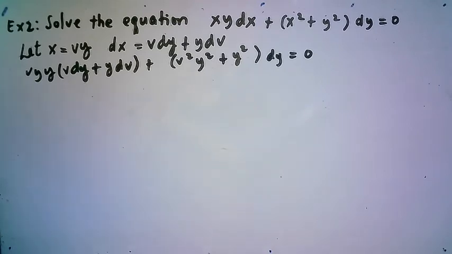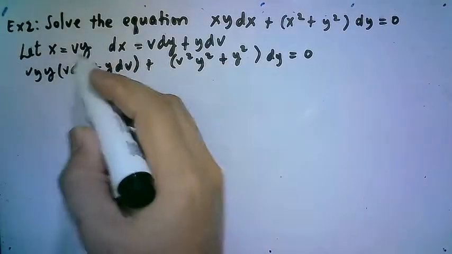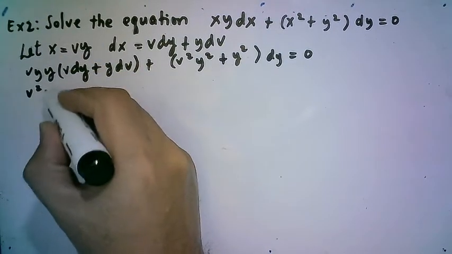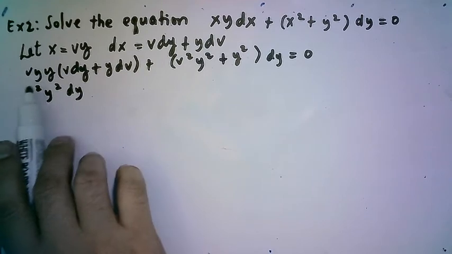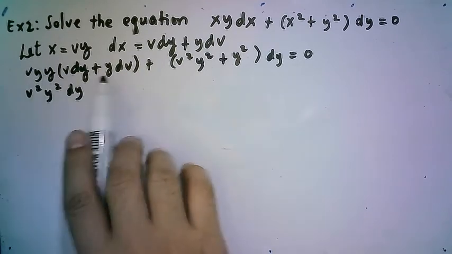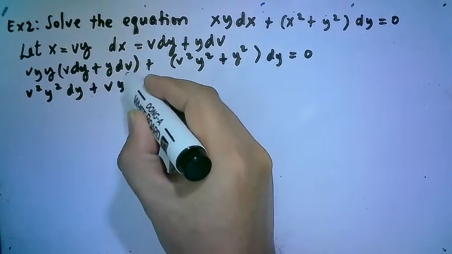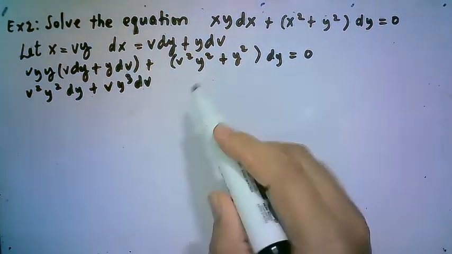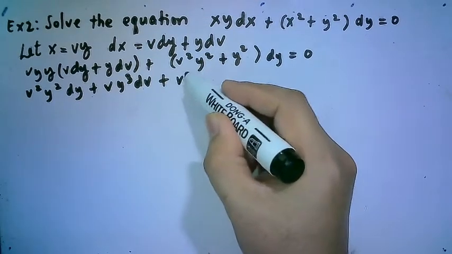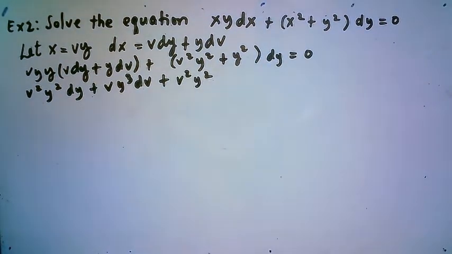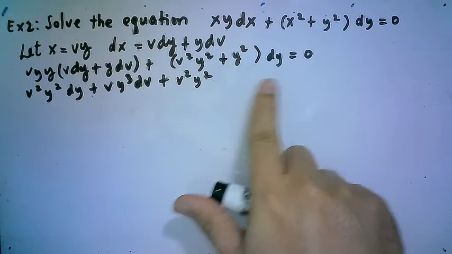This time we will combine this one, v squared y squared dy. So we have v squared y squared dy, and then v times y squared times y, that is vy cubed dv, plus this one, v squared y squared, and also we have dy.